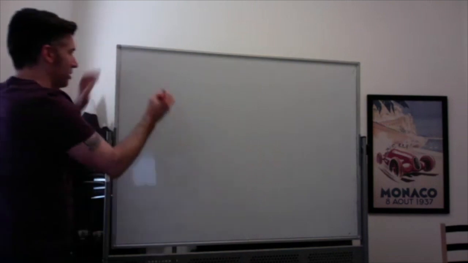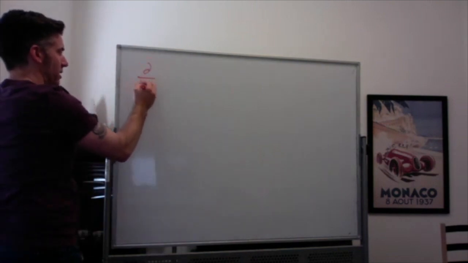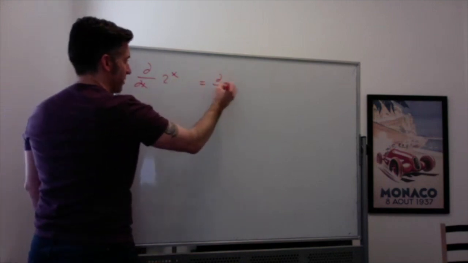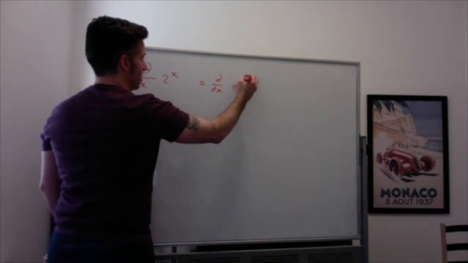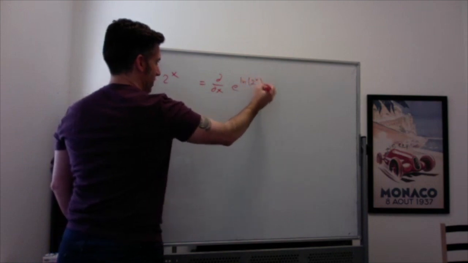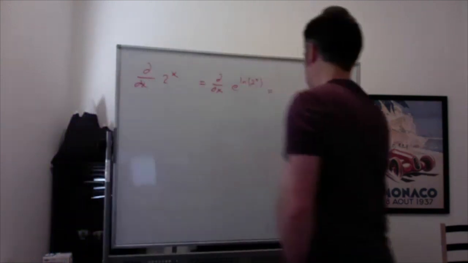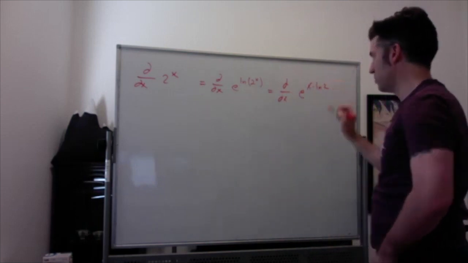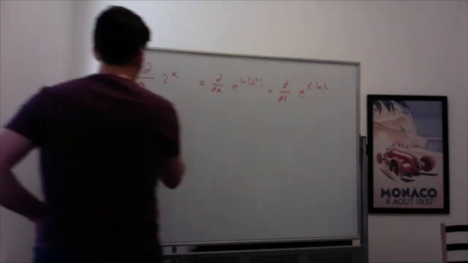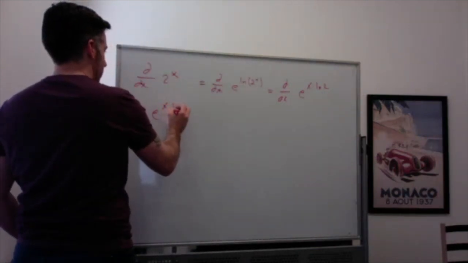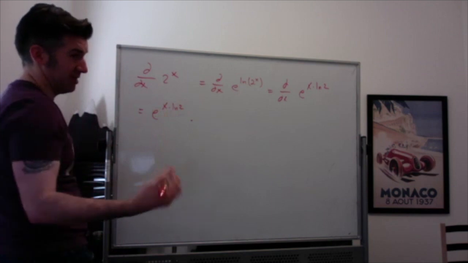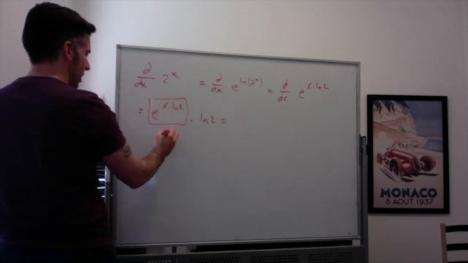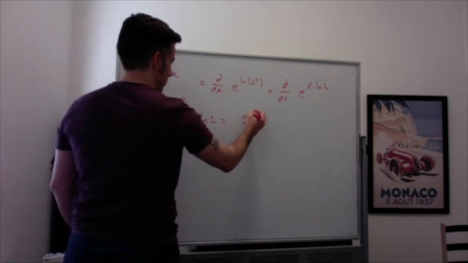While we certainly could, if I want to find the derivative of 2 to the x, I could rewrite it as the derivative of e to the natural log of 2 to the x, and then say that's the derivative of e to the x times natural log of 2. The derivative of e to the stuff is e to the stuff times the derivative of stuff, and the derivative of x times natural log of 2 is just natural log of 2. But then this is just 2 to the x, so we end up with 2 to the x times natural log of 2.